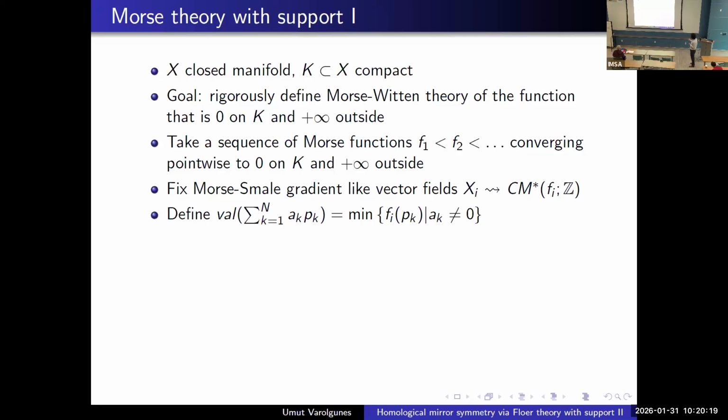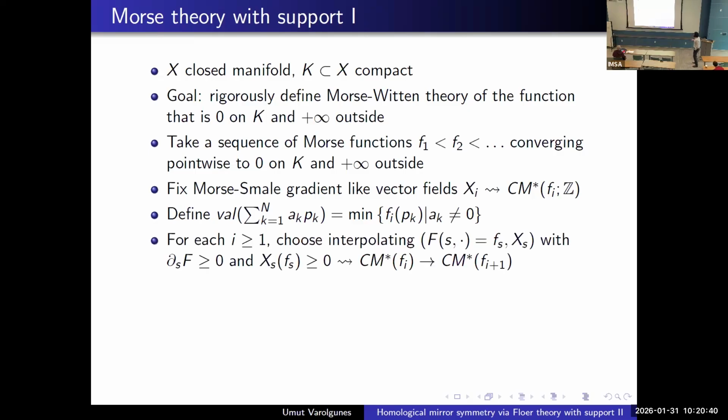And then each of these Morse complexes is equipped with a non-Archimedean valuation defined simply by this formula. Here, the valuation of a linear combination of critical points is just the minimum of the value of the function for the critical points that have a non-zero coefficient, the usual thing.